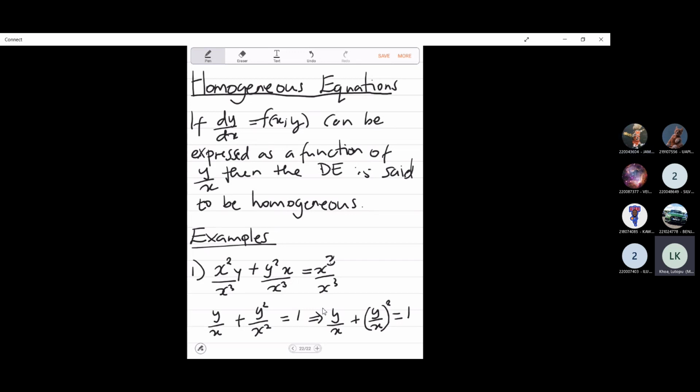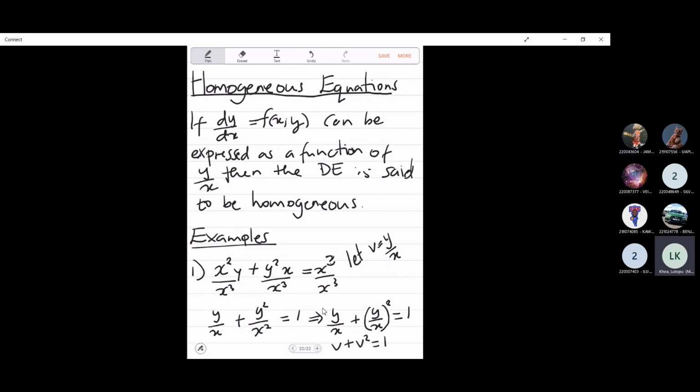Let's say we let v equal y over x. Then you can see here I have v plus v squared is equal to 1.